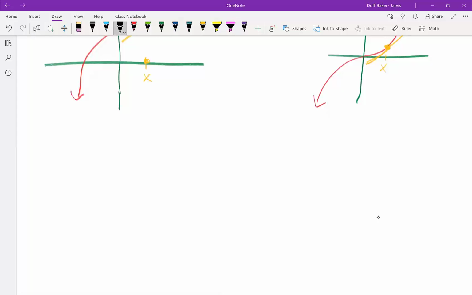And so we give this kind of process a name. What we're doing now is instead of taking the derivative, we're taking the antiderivative.